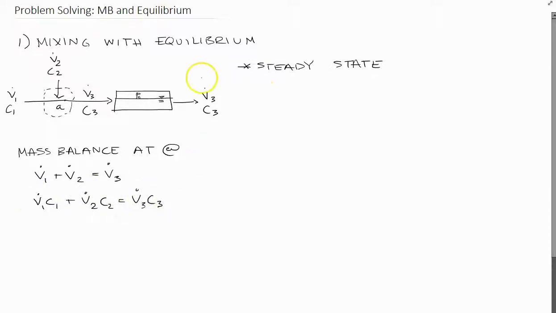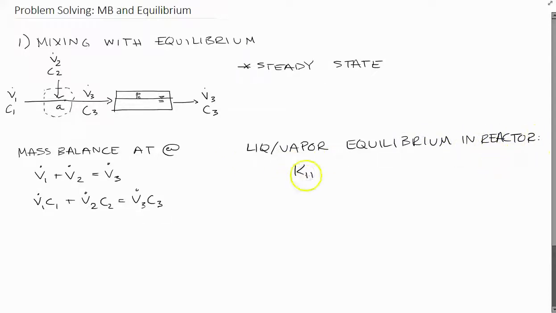You're also going to want to figure out, let's say maybe you were asked what this equilibrium concentration was. Whenever you see equilibrium between a liquid and a vapor phase, you know that you're going to need to use Henry's law. So we have whatever our KH is for this compound C, which is going to be our concentration in the liquid phase in the reactor.